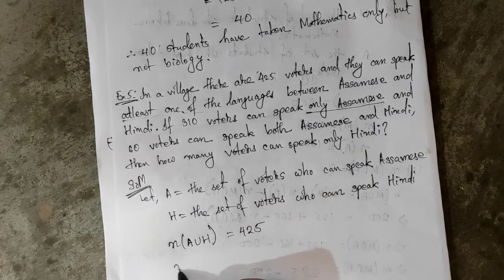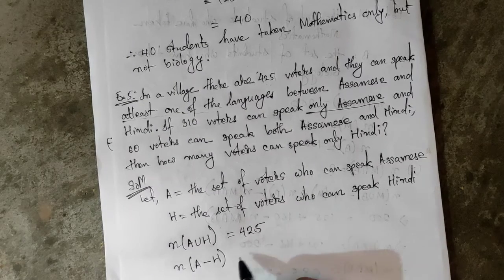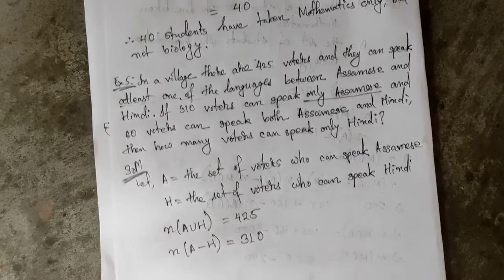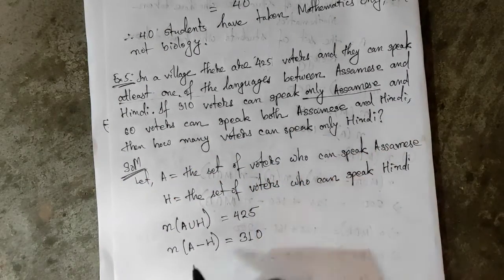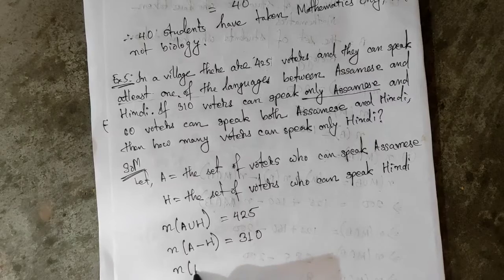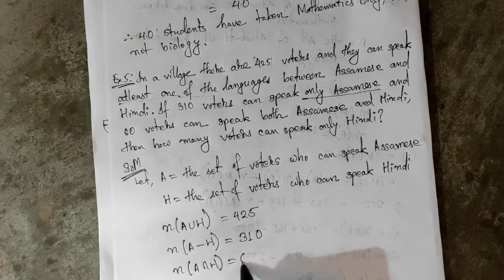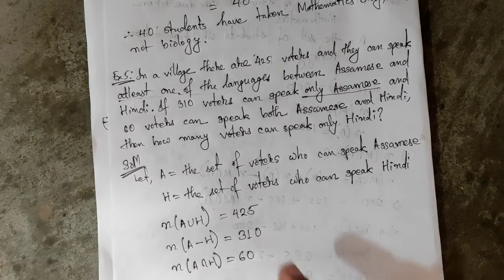So n of A minus H is 310. And 60 voters can speak both Assamese and Hindi, so n of A intersection H is 60. So we have the data.